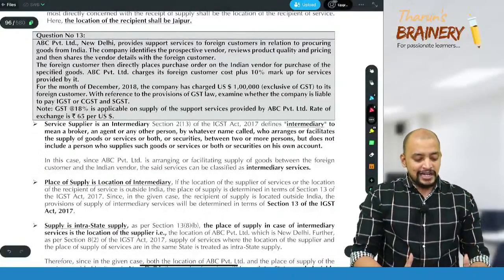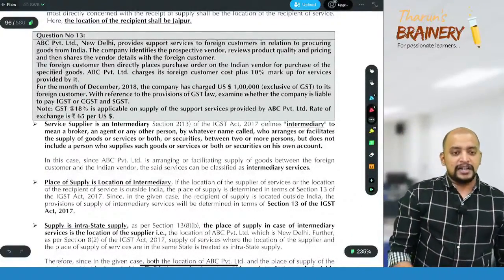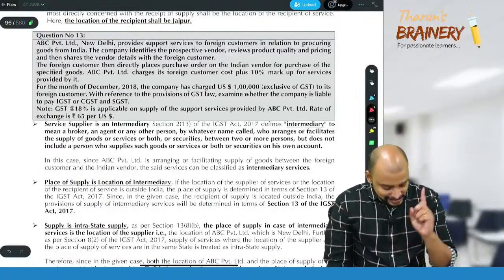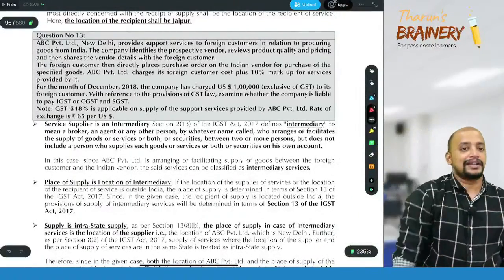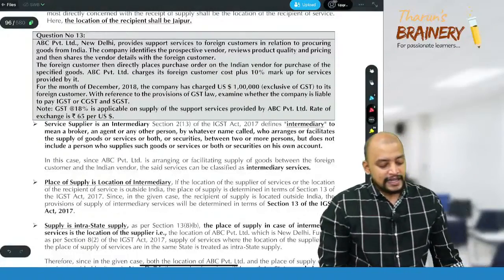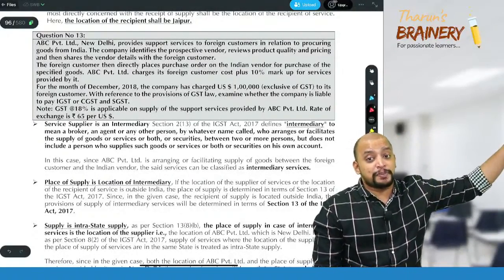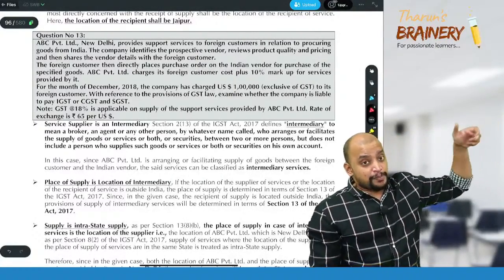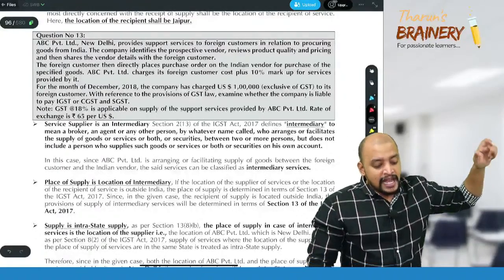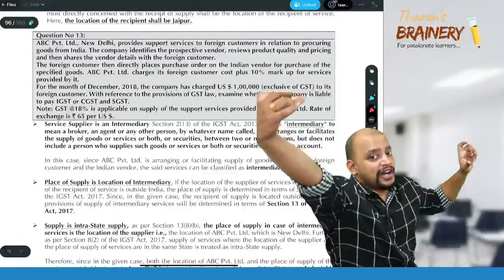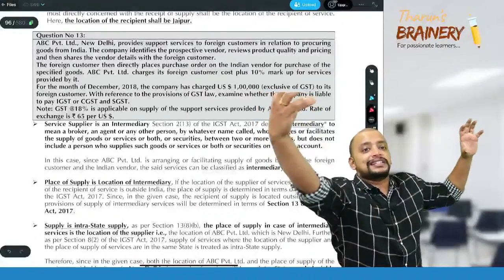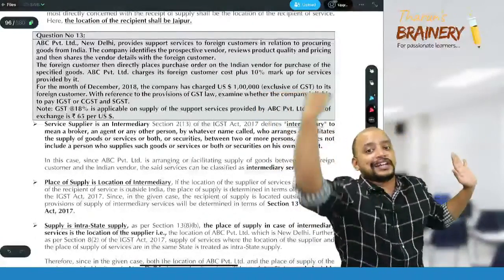So see that, does ABC Private Limited come under that category? Yes, they will come under that category, because the company identifies the prospective vendor, reviews the product quality and pricing, and shares the vendor details with the foreign customer. Means he is just facilitating or arranging the transaction.